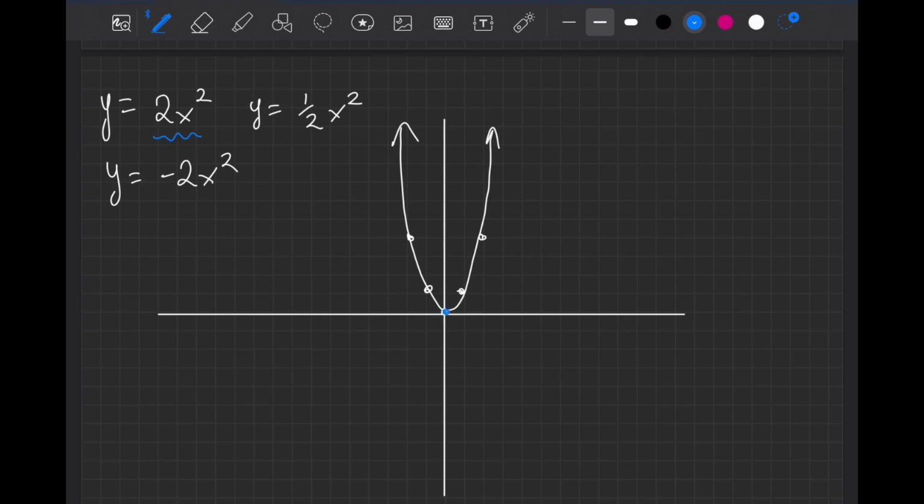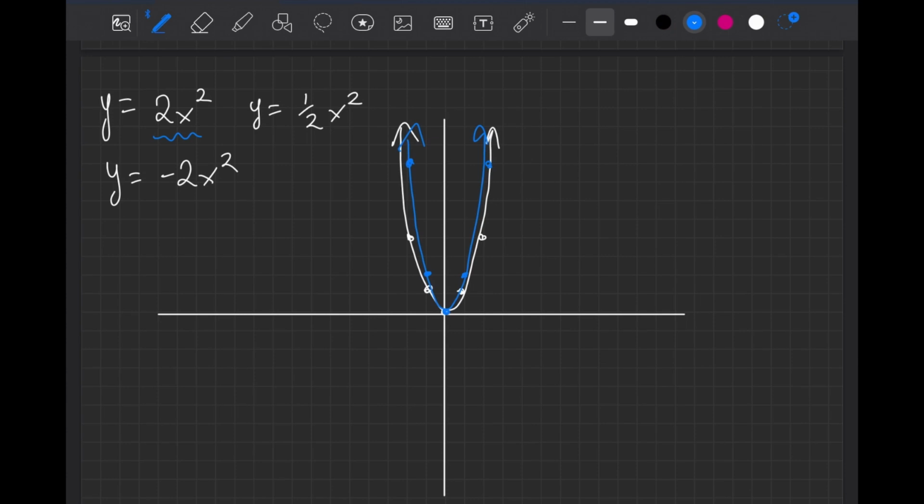If we start at the origin, because the vertex is still 0, 0, when we go left to right 1, we're going to go up 2. And then when we go left to right 2, we are going to go up 8. So all of the points basically get multiplied by 2. You can always make a table of values and plug points in, but the method of using the vertex and then doing the transformation that way is usually easier.